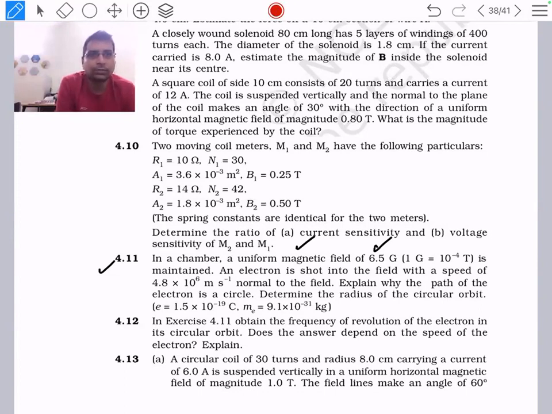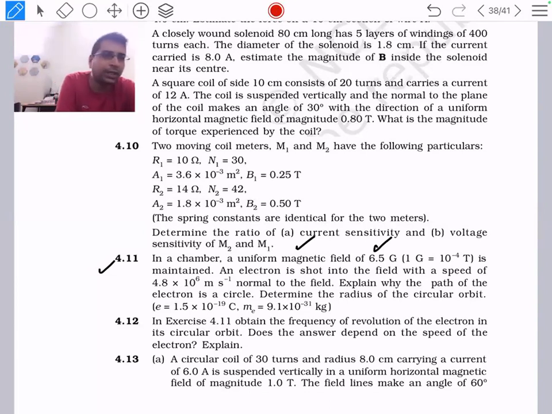You guys know this? Whenever a charged particle is projected normal to the field, what is going to happen to it? It experiences a force which is perpendicular to both velocity and magnetic field. It starts moving in a circular path, and the motion is considered to be uniform circular motion.